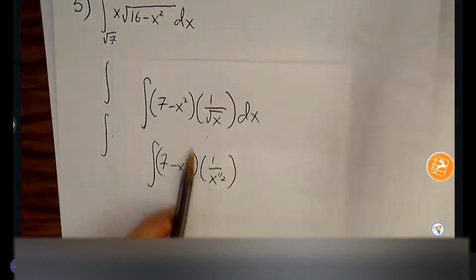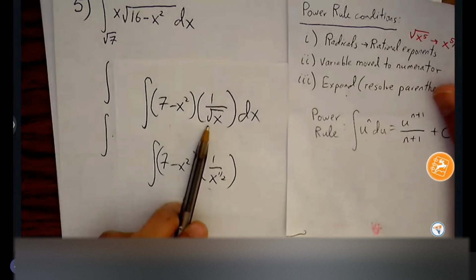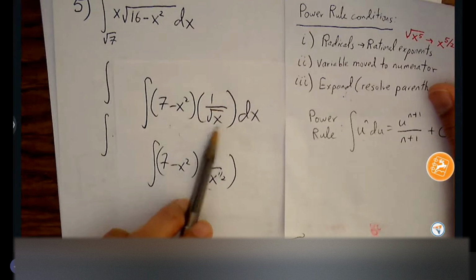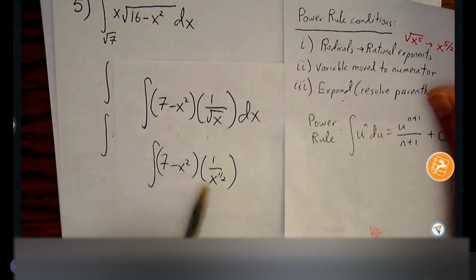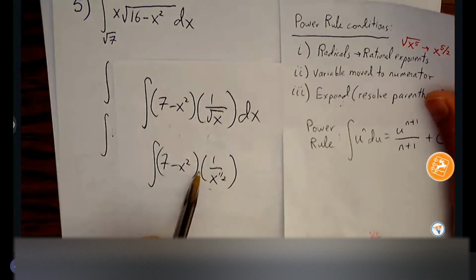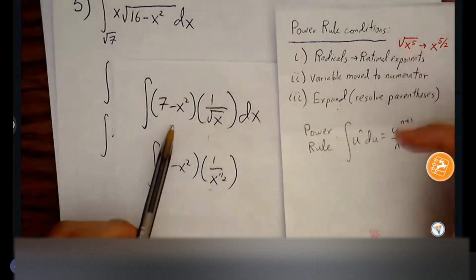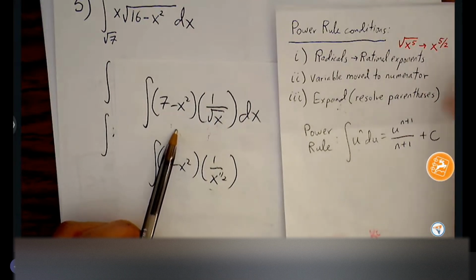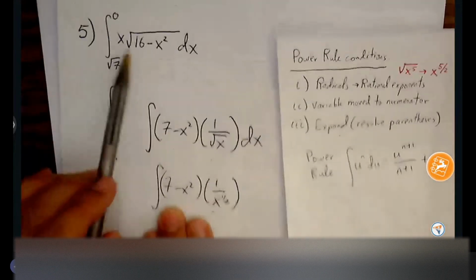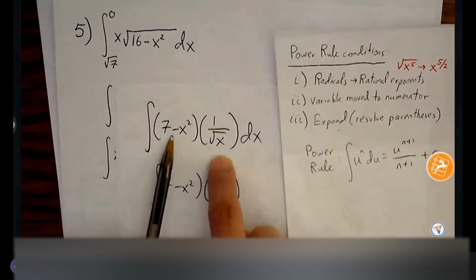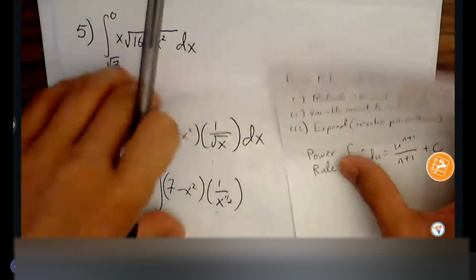No need for use substitution, even though there's a parentheses and a square root, because there's no addition and subtraction within the square roots. We don't have to rely on a messier rule. So always explore your power rule conditions first. And if it's too complex or the exponent is too high, then your second option is use substitution. Okay, thank you. But not every problem with a square root and parentheses is a use substitution problem.